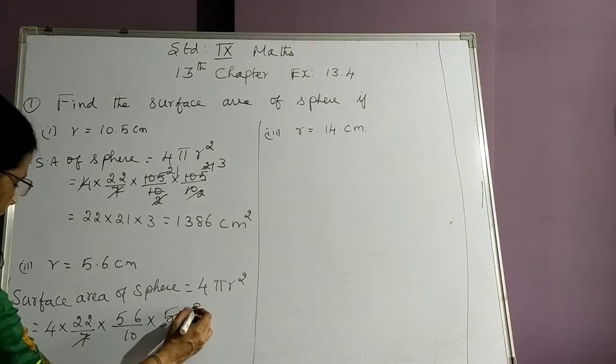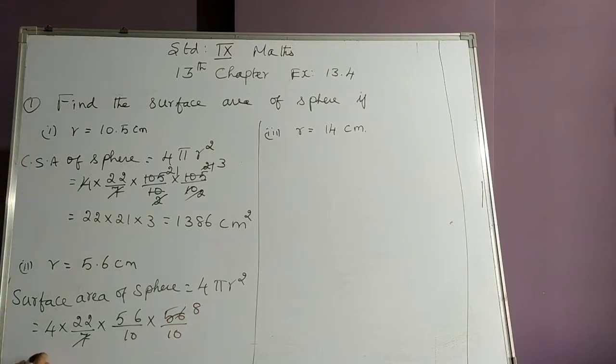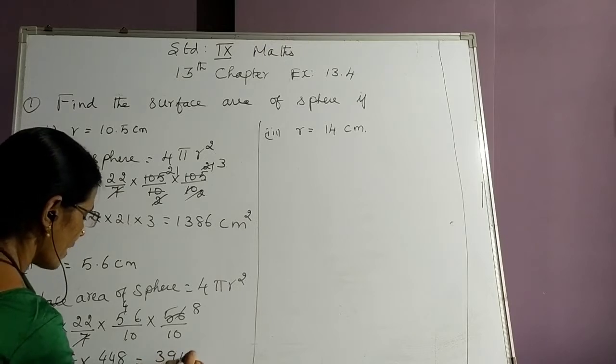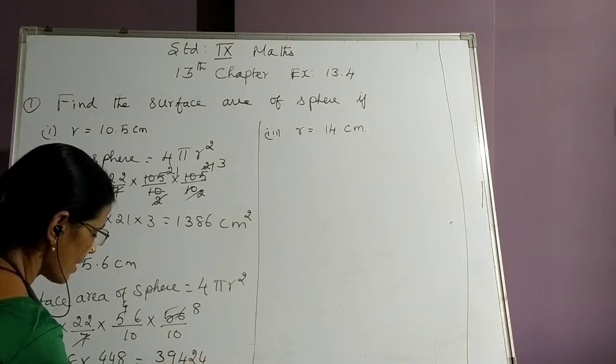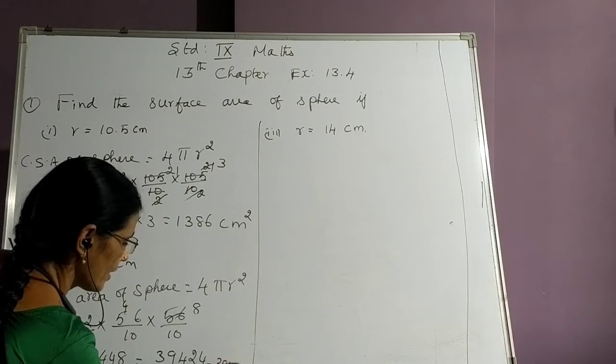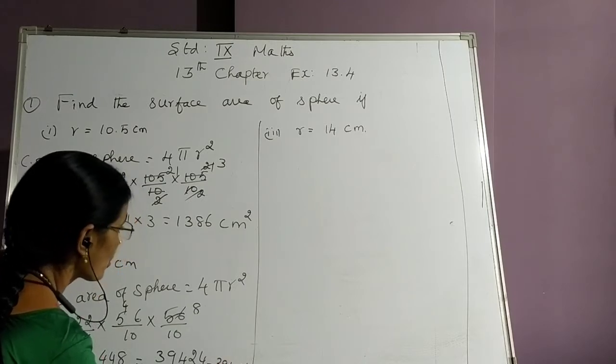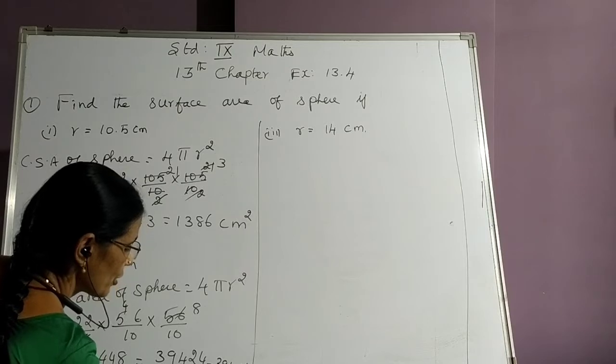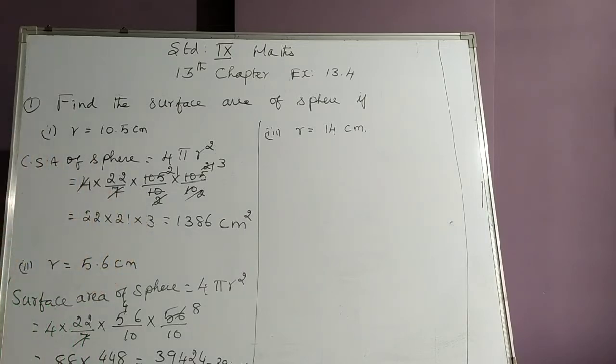And here 10 we keep as it is. We carry out multiplication. It is 88 into 448 divided by 100. So multiplying this 88 with 448 we get 39424 upon 100, which is equal to 394.24. Centimeter is given, therefore the unit is square centimeter.